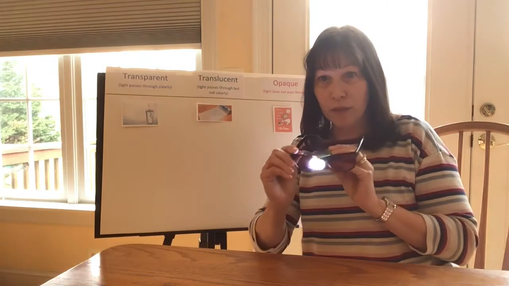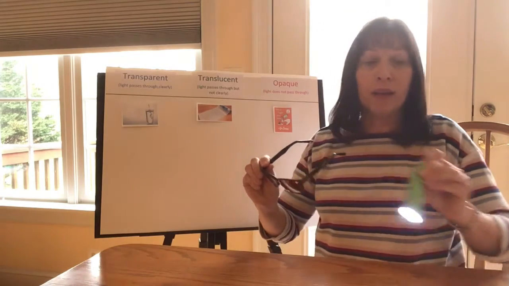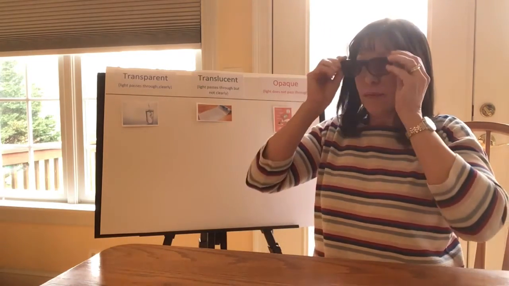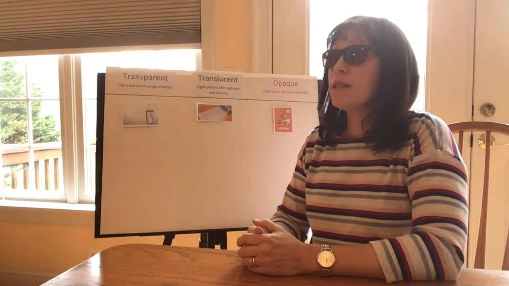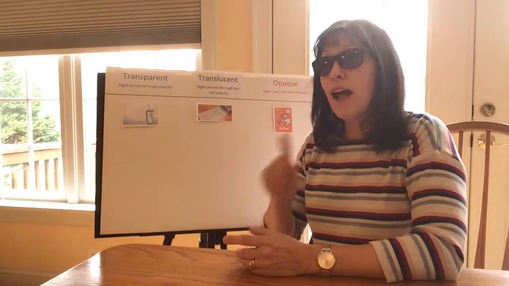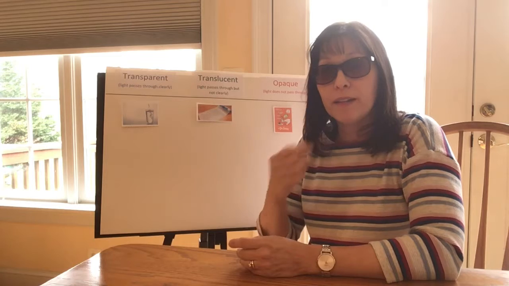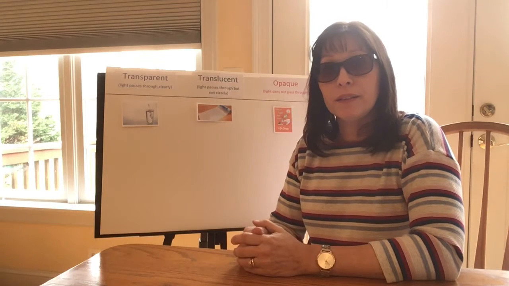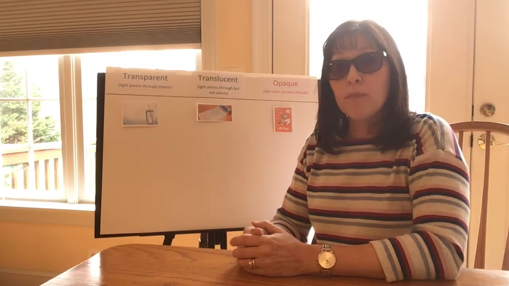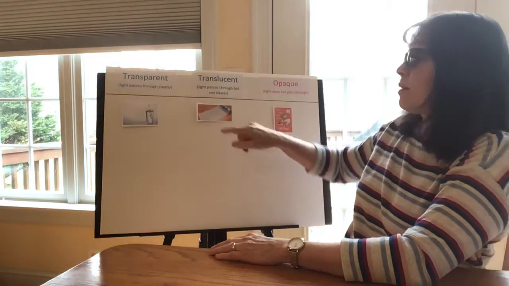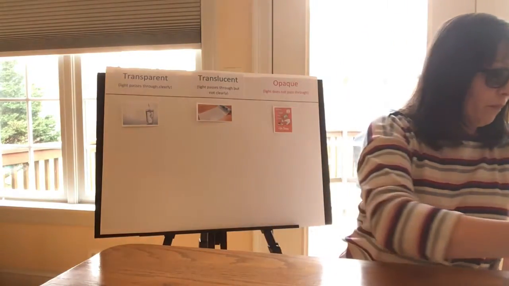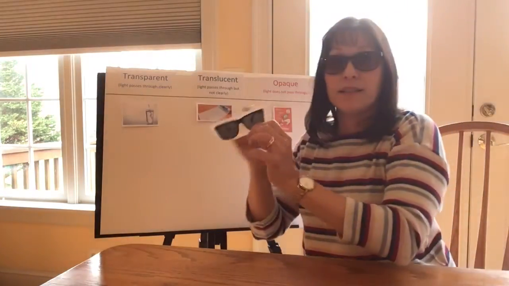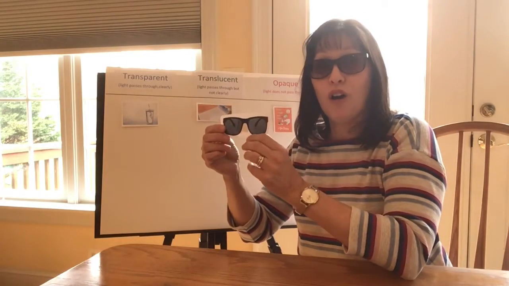You can see the light through the sunglasses. But it's a little bit hard to see in the room the colors that things are because my glasses are tinted. That is another example of translucent. My sunglasses are translucent.